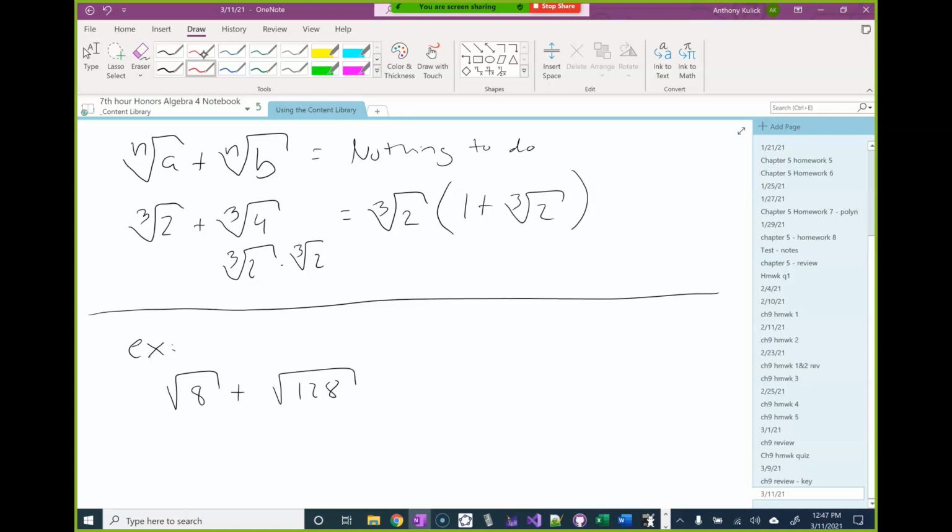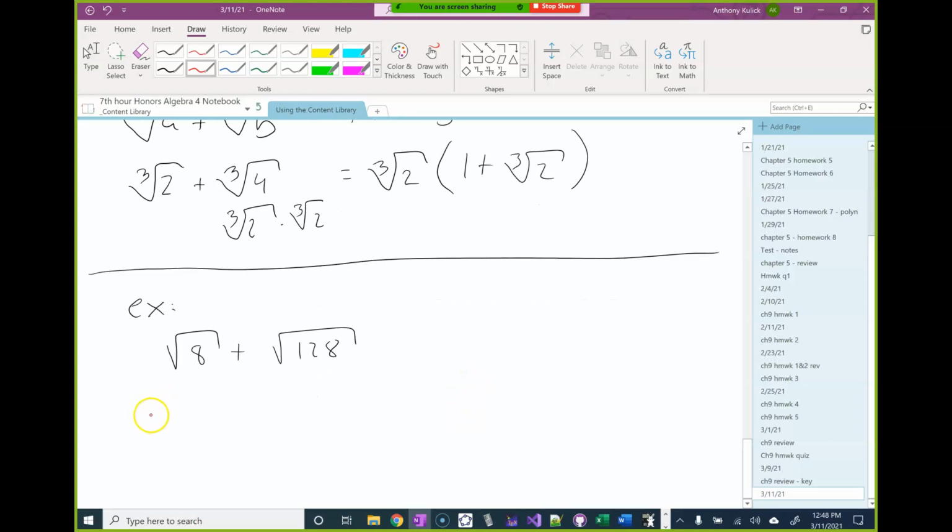No, because the stuff under the radical is different, even though they're the same radical. However, do we know if these radicals are reduced? We do not know that, right? So let's check to see if we can reduce them, because we might be able to reduce them down so that the part underneath the radical is the same, and just the coefficients are different. Everybody okay with that plan?